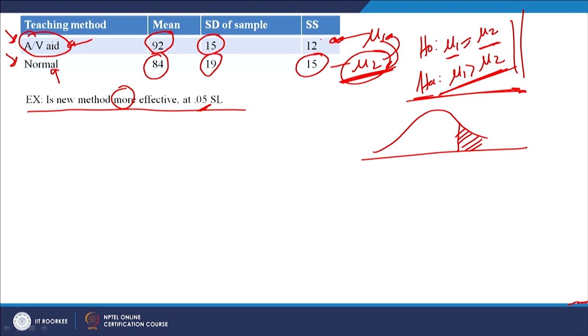Sample size is in both these cases less than 30. We have been given the sample standard deviation, not the population standard deviation, right. So, we will use the t test over here.